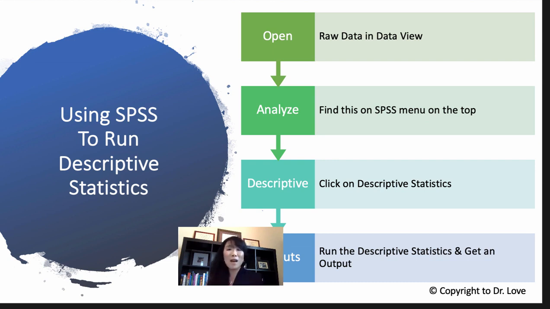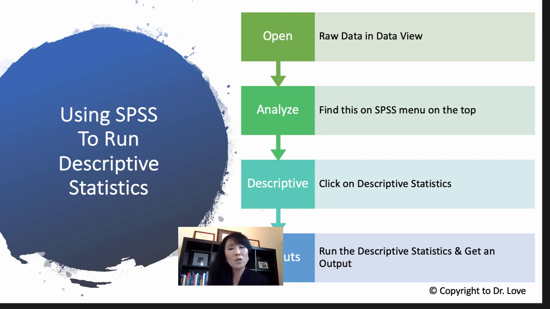You're going to describe the data utilizing central tendencies and also dispersions that you've seen in the textbook. So what we're going to do here is use the data that you used for homework 1. You're going to go into raw data, data view, so click on the file that has your homework 1 data that we worked on in the last video.